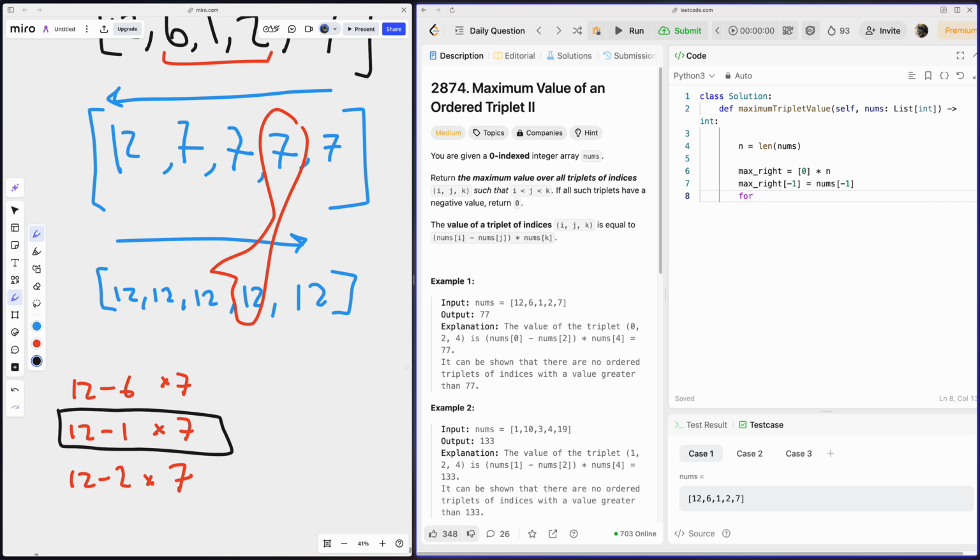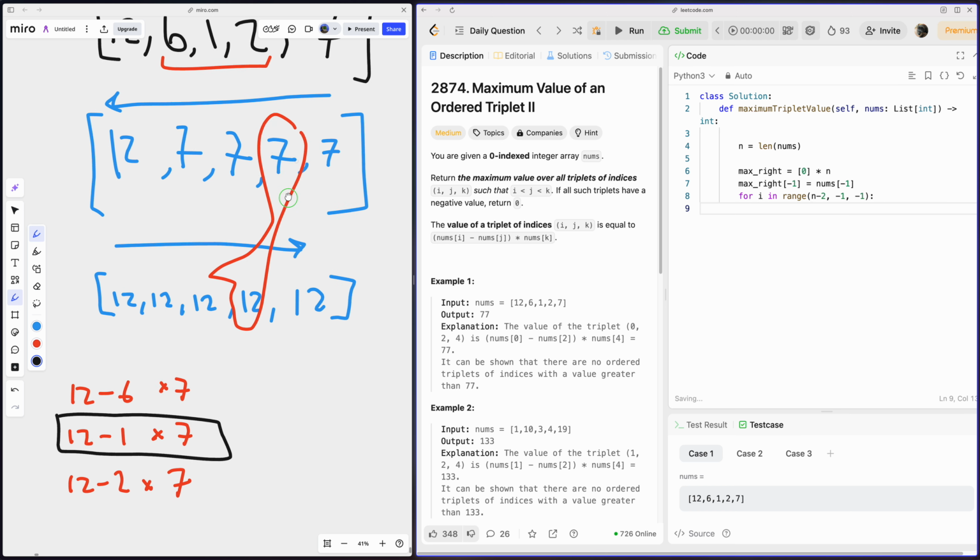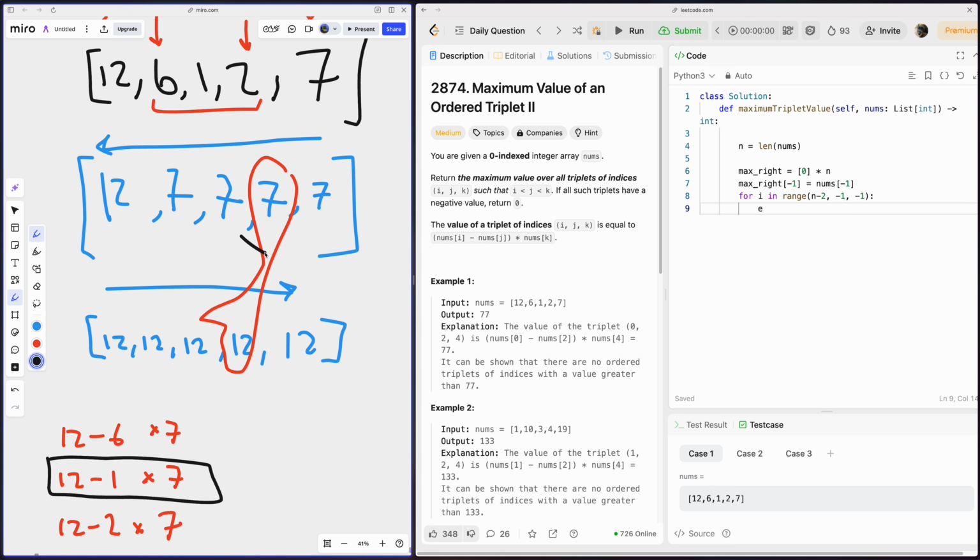Then we just do for i in range n minus 2, minus 1, minus 1. What I'm saying is we just start at this index, which is n minus 2, because we already filled the last one.